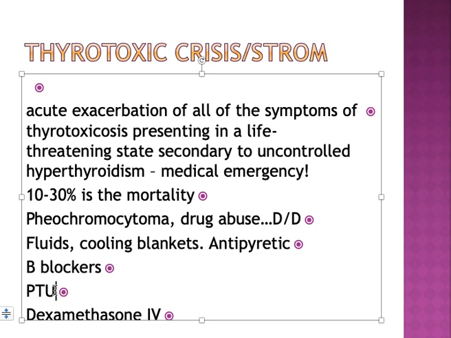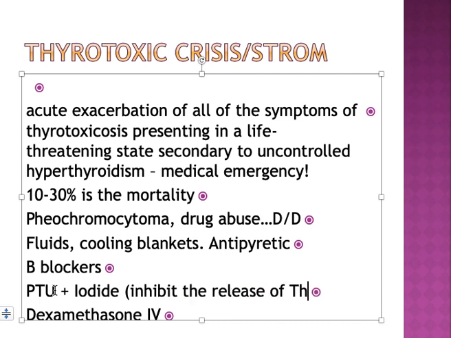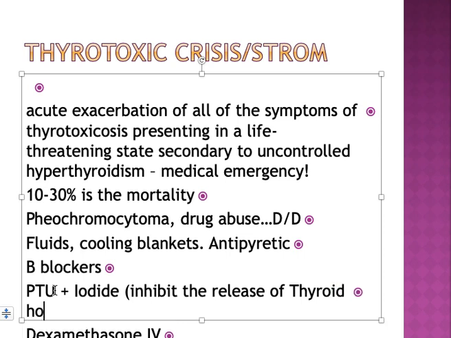With PTU, one more thing we can give in emergency is iodides, like sodium iodide or potassium iodide. What iodides do, by the way, is inhibit the release of thyroid hormones. So this is the treatment of this condition.